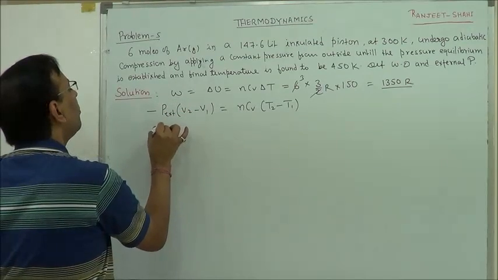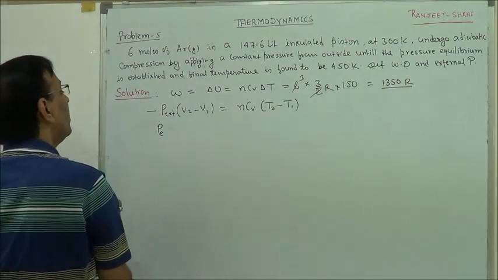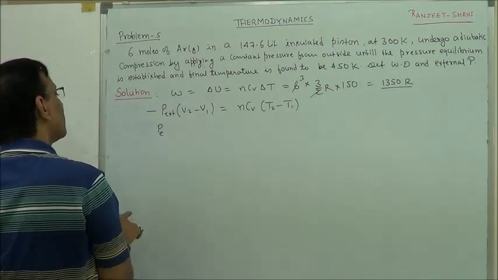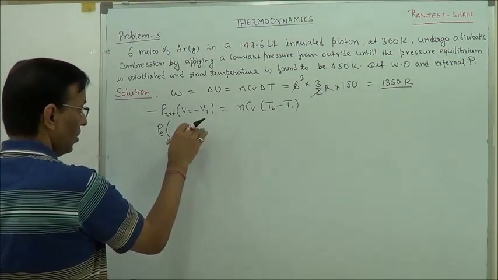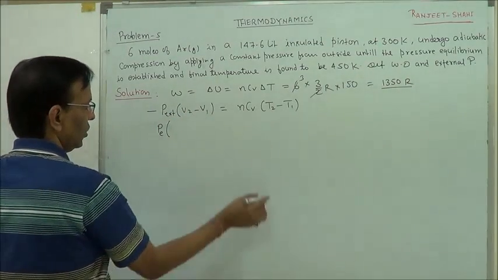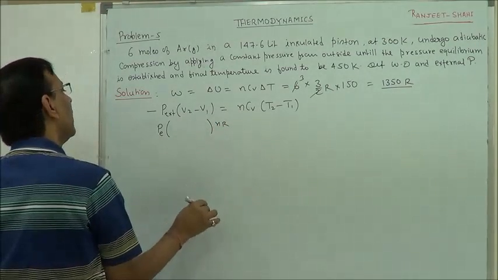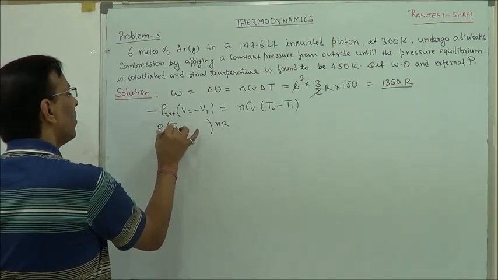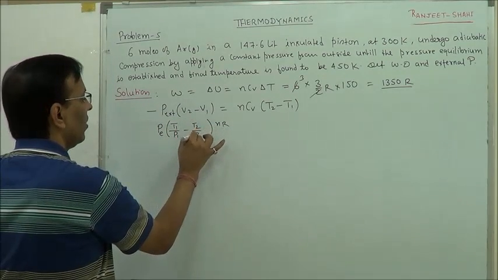So let it be P external, PE, into V1 minus V2, and V is equal to nRT by P. So nR will come out: T1 by P1 minus T2 by P2.